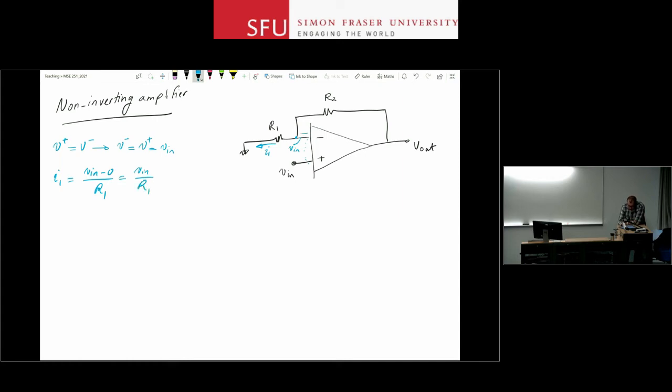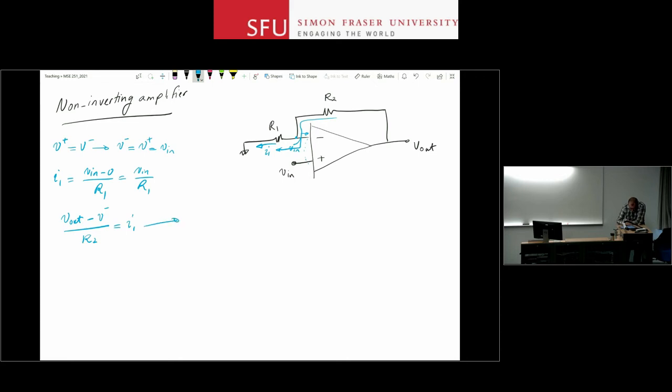Now because the current that I have at the input of the op-amp is 0, all of that current should go through R2. Okay? And I can see that between the two sides of R2, I can write the equation. So V out minus V minus divided by R2 is I1.